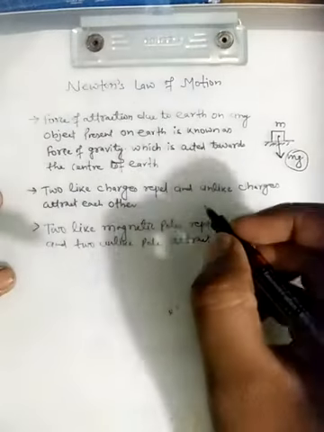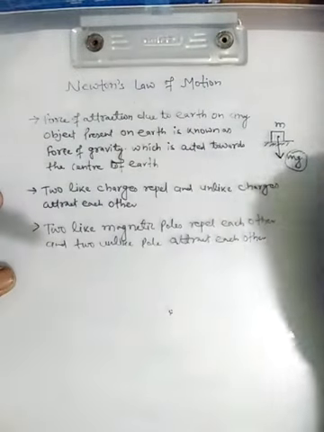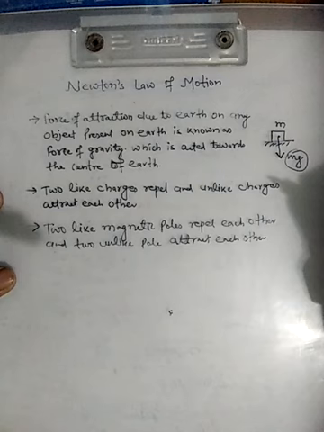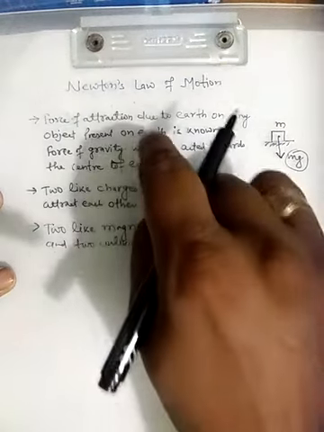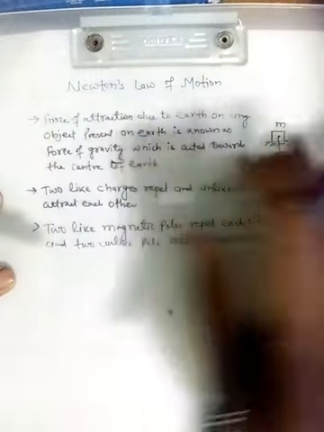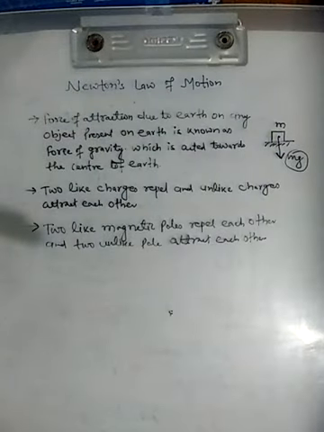The next example is that two like charges repel each other and unlike charges attract each other. In all these cases, no physical contact between the two bodies is required.